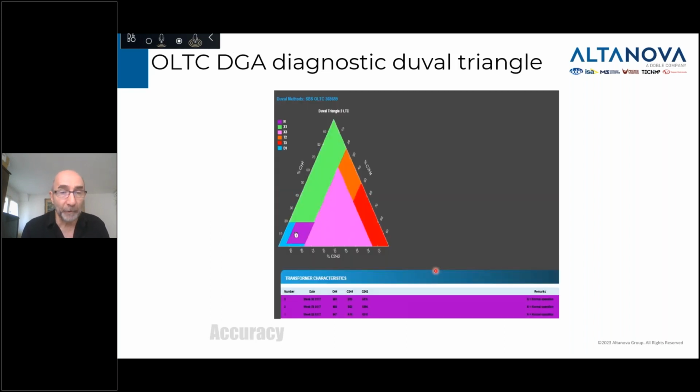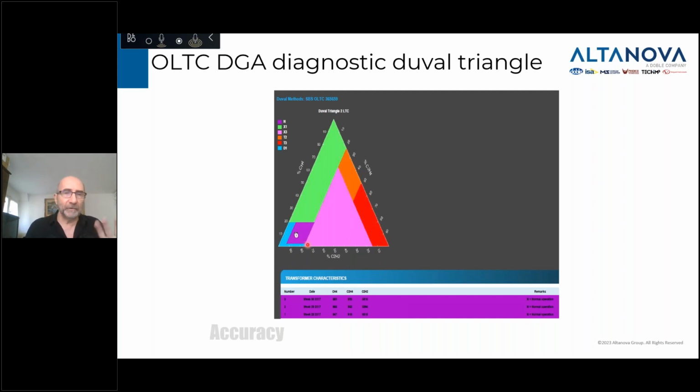Another one that's being used, not broadly, but people are starting to do it, is a diagnostic tool for OLTC. Here you see an example of the Duval triangle that has been used for specific customers who measure their DGA regularly on their OLTC and put that data into that tool. Here you can see what it tells: mostly that you have a normal operation of that OLTC.